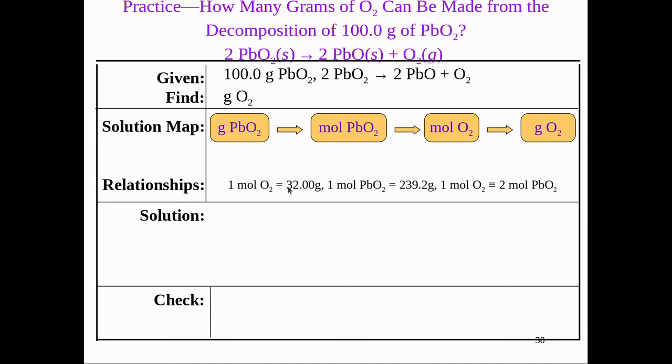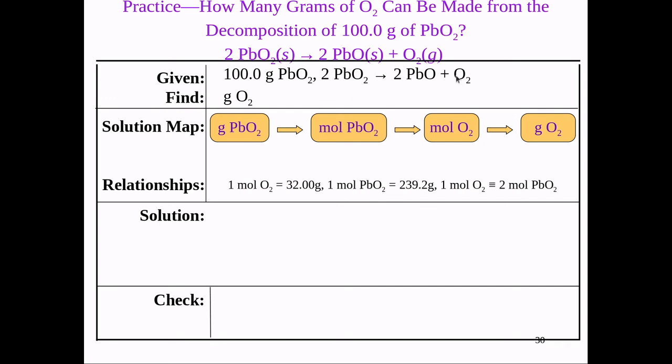We'll go through our relationships that we are going to need. We're going to need these molar masses of oxygen in order to go from the moles of oxygen to the mass of oxygen. And we're going to need the molar mass of lead oxide in order to go from its mass to the number of moles. And to go from the moles of lead oxide to the moles of oxygen, we need to know their relationship. That's coming from the formula that we have up here.